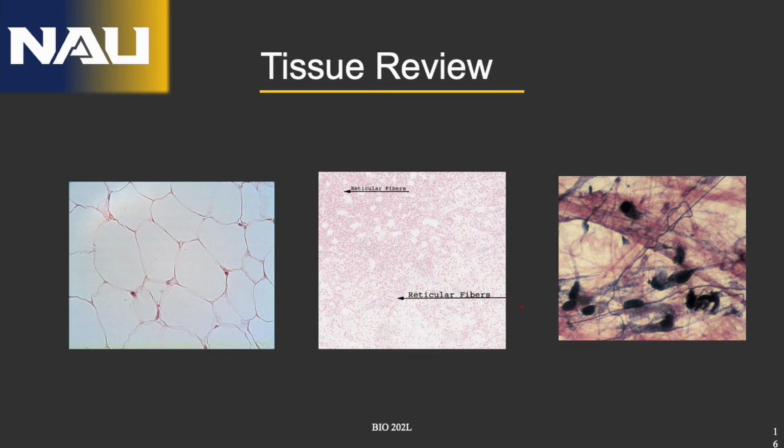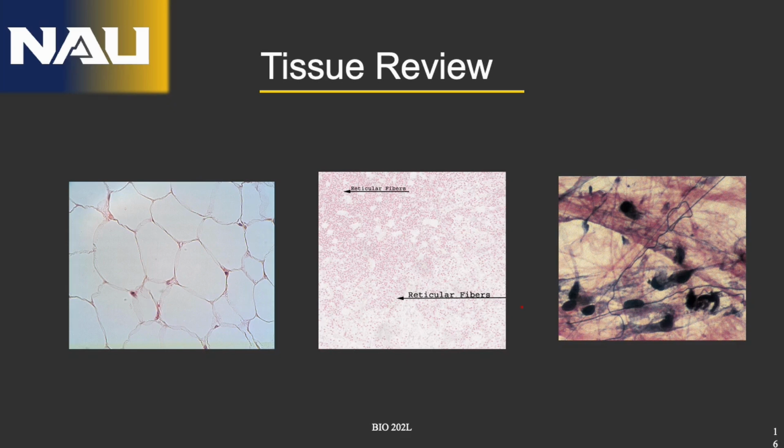So let's start again on the far left with this tissue. This tissue serves as the body's major energy reserve, and it provides insulation and cushioning to the organs and tissues. It also plays a crucial role in metabolism regulation. It's found beneath the skin, so the subcutaneous area, and it's around internal organs, so visceral area, and in bone marrow.